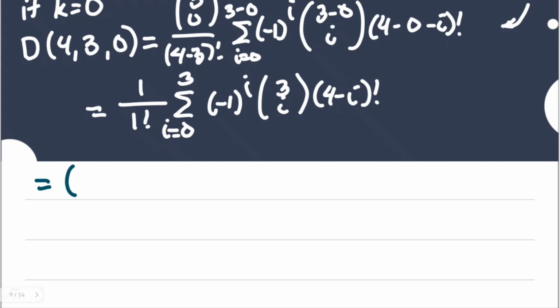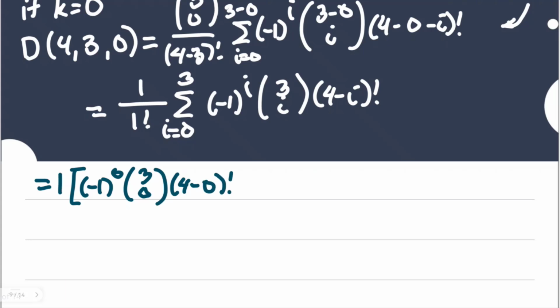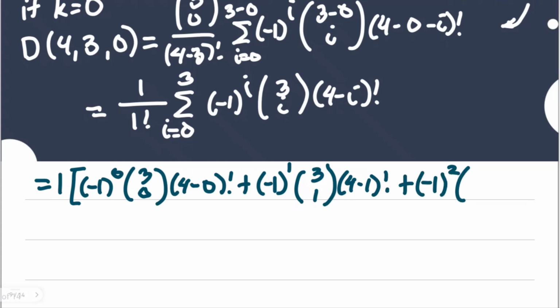Let's break the summation: -1 raised to the power of 0, 3 combination 0, 4 minus 0 factorial, plus -1 raised to 1, 3 combination 1, times 4 minus 1 factorial, plus -1 squared, 3 combination 2, 4 minus 2 factorial.